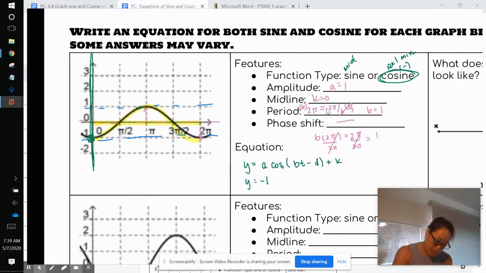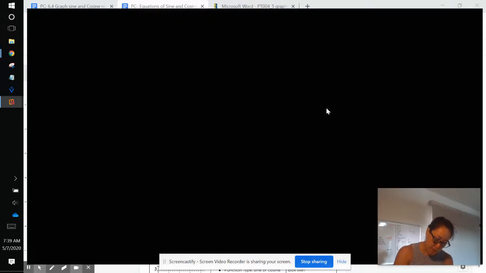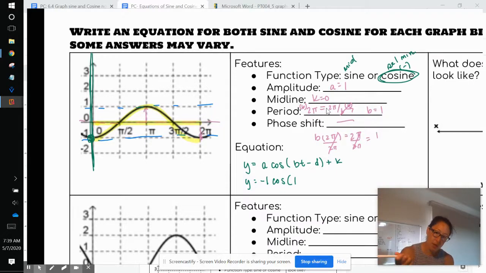Times the cosine, B is 1, so I'm spinning at a normal speed, times T. We don't have a phase shift, so we don't worry about the D right now. And then plus, and my midline is 0, so I'm going to add 0. I'm just going to rewrite this as y is equal to negative cosine t.